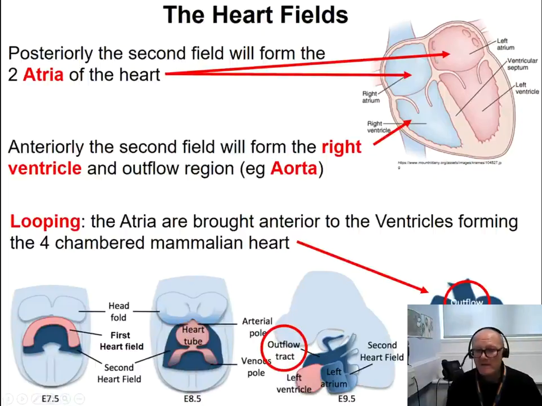The second heart field cells are also responsible for the formation of the outflow region of the blood from the heart. So the aorta, for example, pushes the blood from the heart to the rest of the body, and the pulmonary veins push the blood from the heart to the lungs.